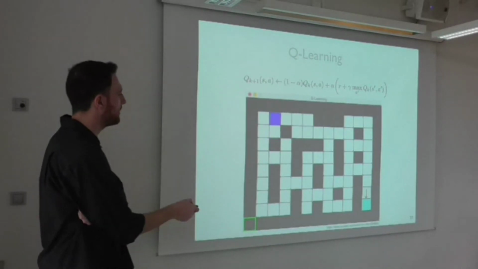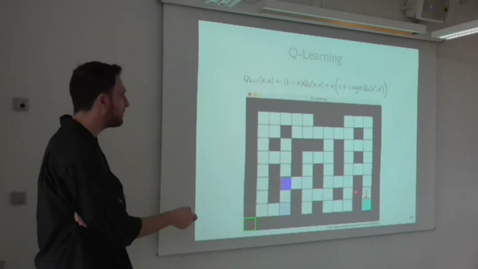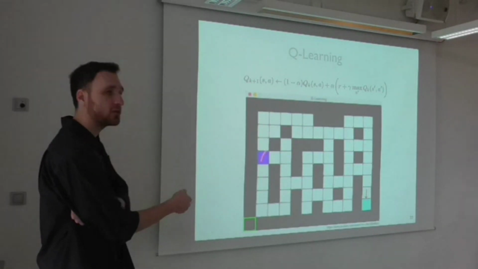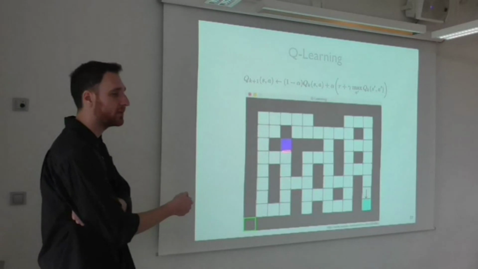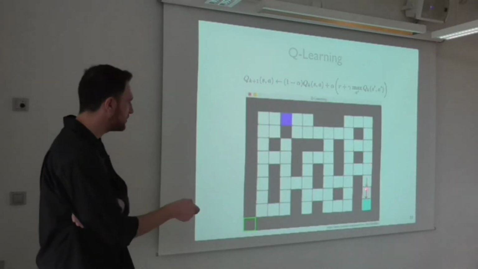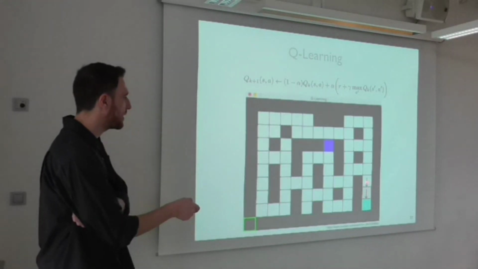So when that experience happened, it updated the Q value of this state and action down. So now it knows that if it's here and it goes down, it gets some reward. But all these other Q values were not updated. They're still random or 0. So we need to now get to this state. When it gets to this state, then it checks, well, what are the possible actions?